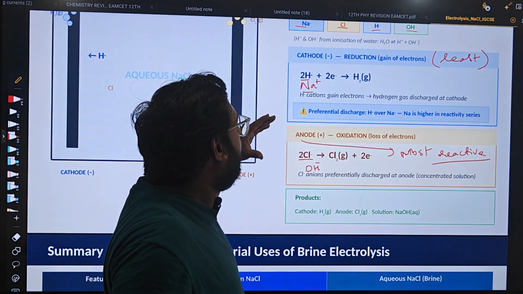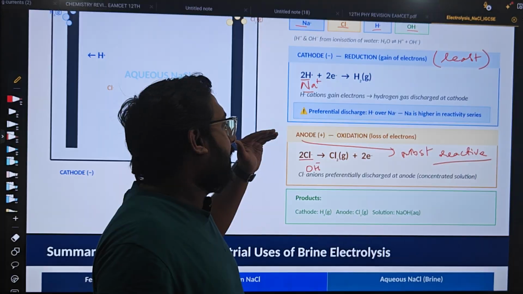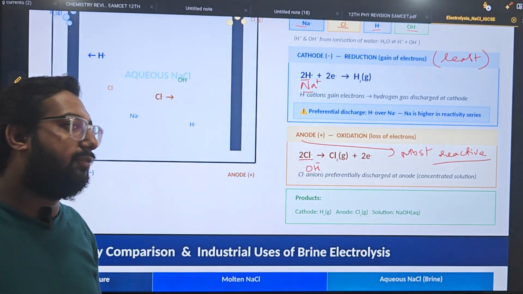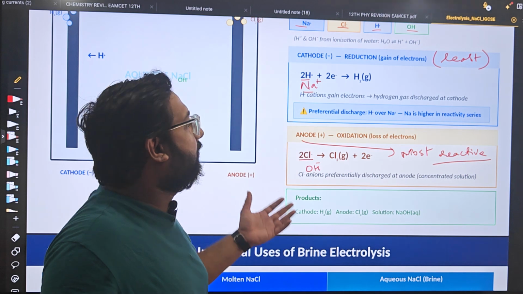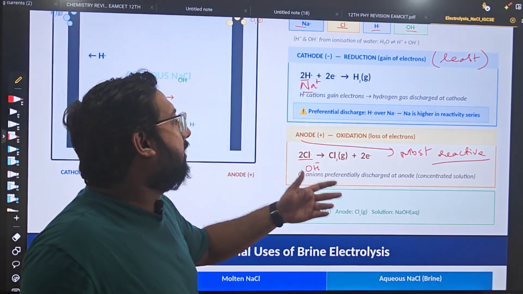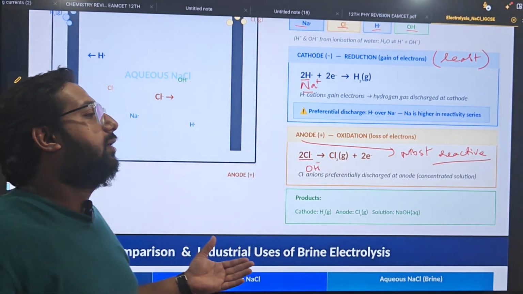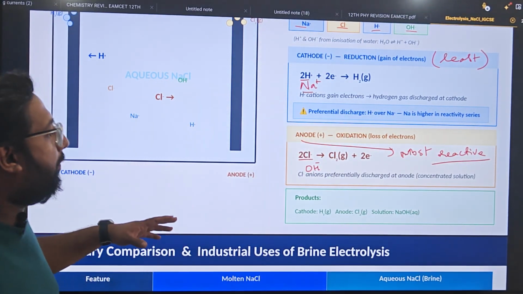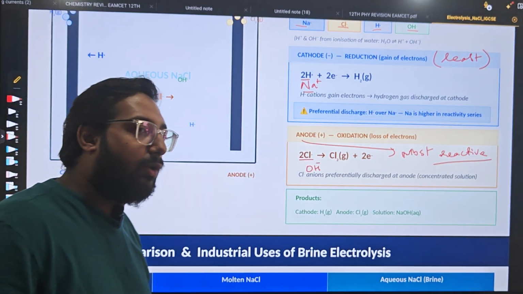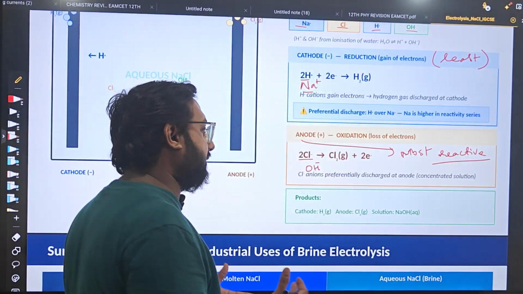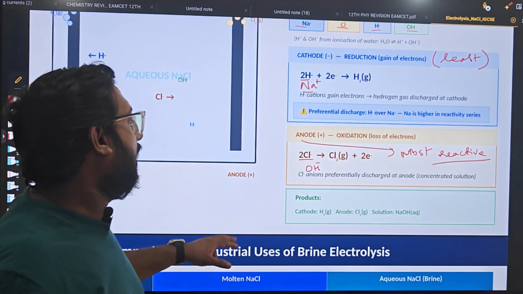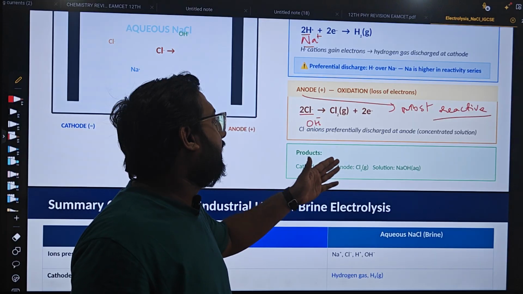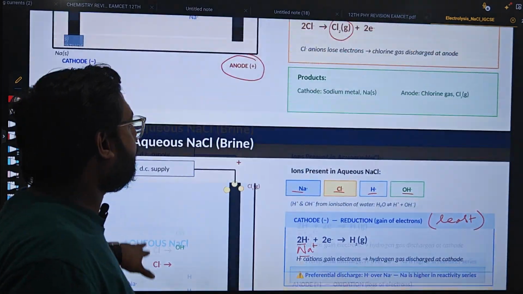That is the reason chlorine is deposited, because between chlorine and OH-, which is more reactive? Chlorine is more reactive. So chlorine gets deposited at the anode and chlorine gas is formed because of oxidation. So the products obtained during electrolysis of aqueous NaCl are H2, hydrogen at the cathode, and Cl2 at the anode.